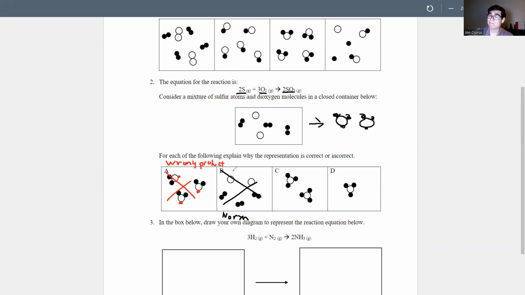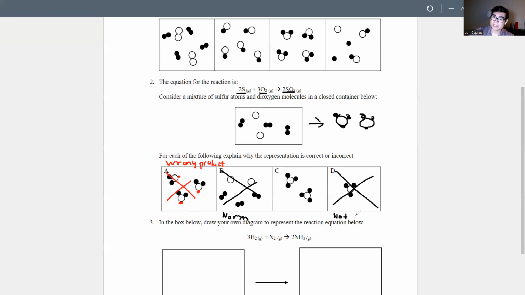Also, there's 3 sulfurs and we only started with 2, but you can't have more stuff than you started with. That violates the conservation of mass. So there's too many sulfurs in this one too, in A. So C and D have the correct molecule. Now the problem is D does not have enough.